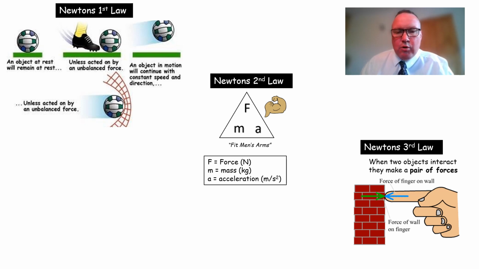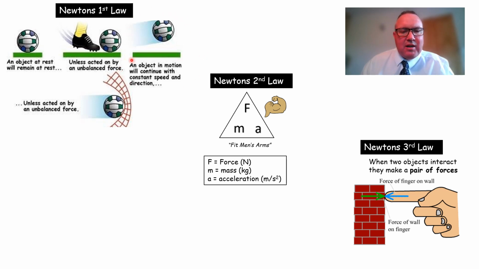When we write down the rules about how things move, there are three laws written down by Isaac Newton. The first law written down by Isaac Newton says that an object will stay the same unless there is a force acting on it, an unbalanced force. For example, an object sat still will stay sat still unless there is an unbalanced force on it.